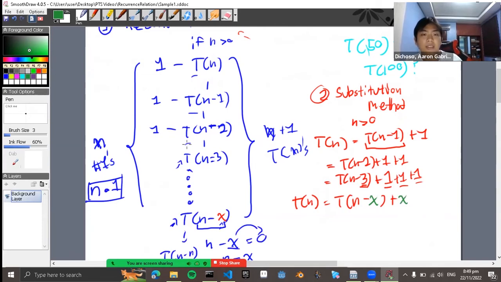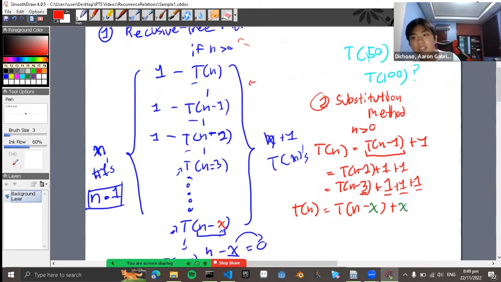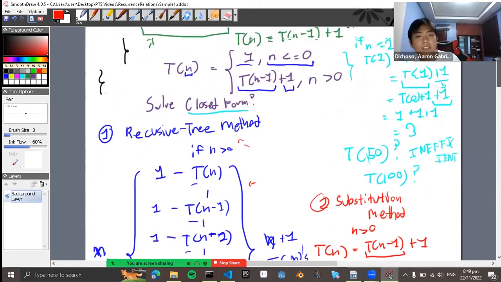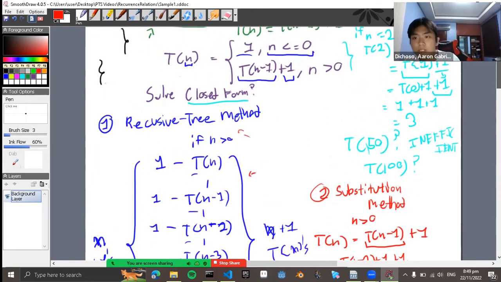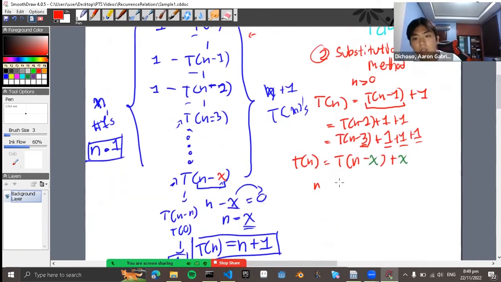Tapos we ask again, katulad dito sa recursive tree, when does it stop? It stops when the value on the inside is less than or equal to 0. So the closest number that we have is 0. So it stops at this point. So that means n equals x.